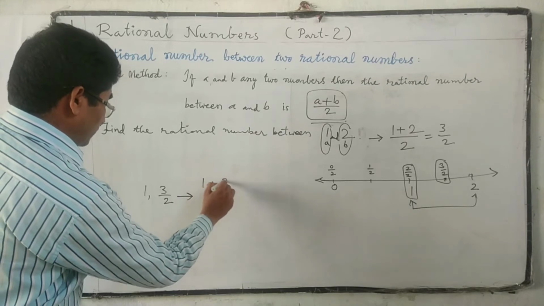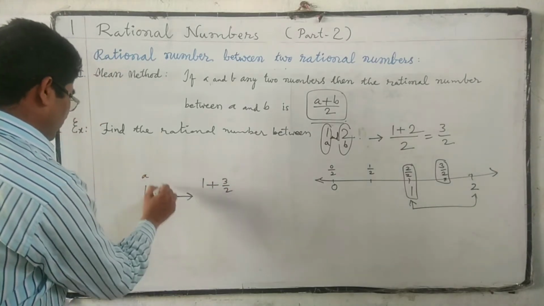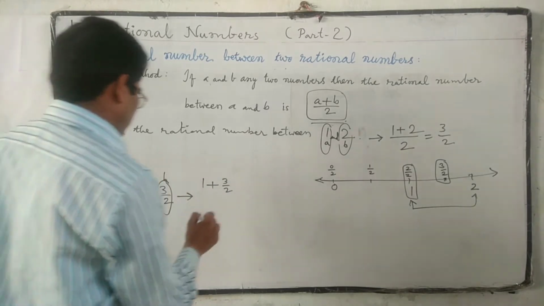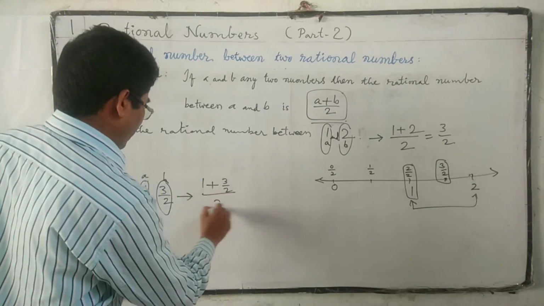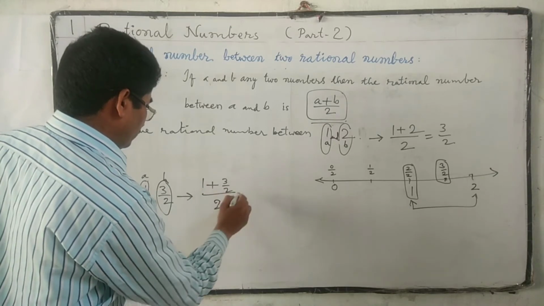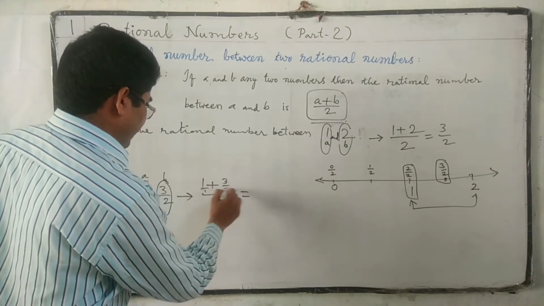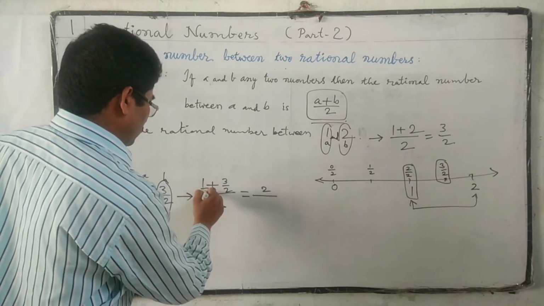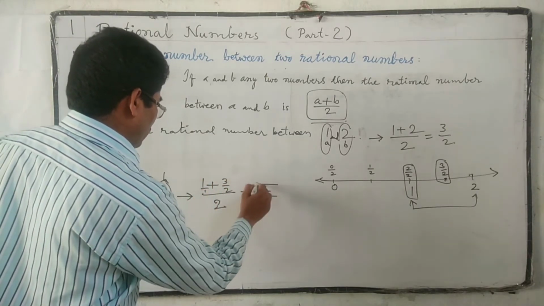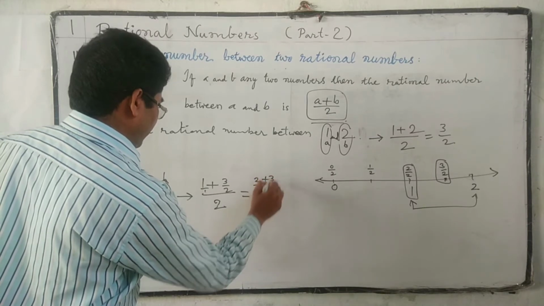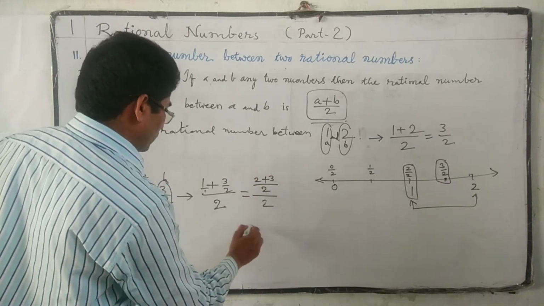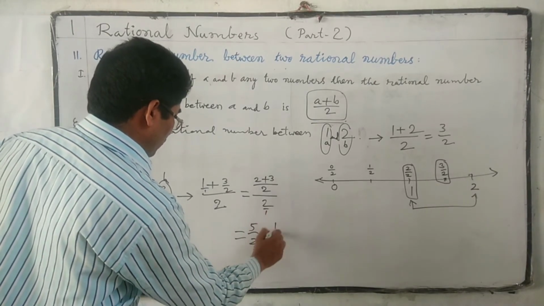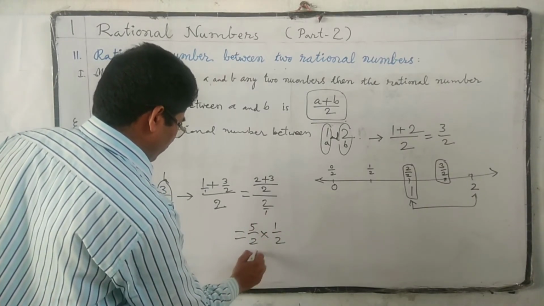Here 1 is the A, 3 by 2 is the B. LCM is 2: 1 is 2 by 2, so (2 plus 3) by 2, which is 5 by 2 into 1 by 2, that is 5 by 4.